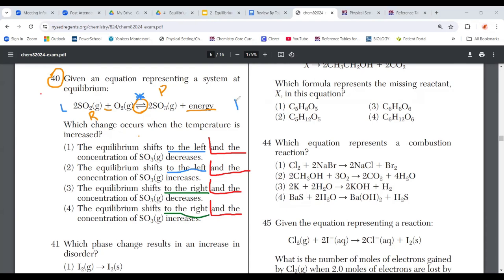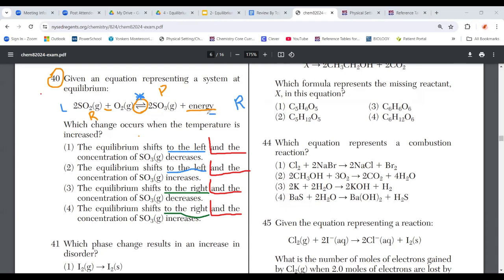I'm going to write that because you're allowed to talk about it that way if it's a part 2 question. Going forward, sulfur dioxide reacts with oxygen, and it's producing sulfur trioxide. And when it does that, it's giving off excess energy.